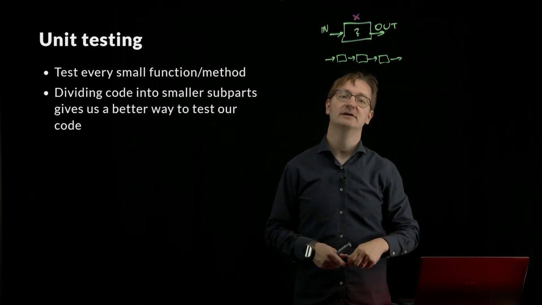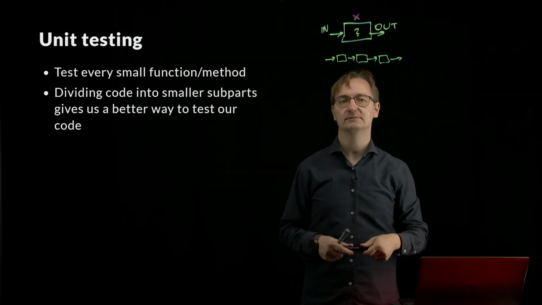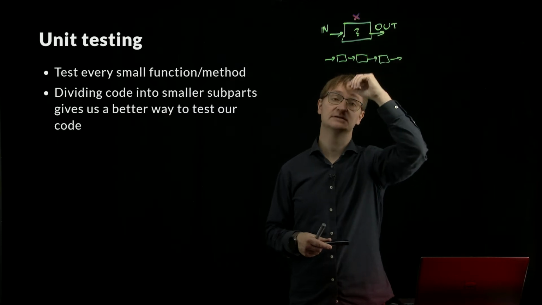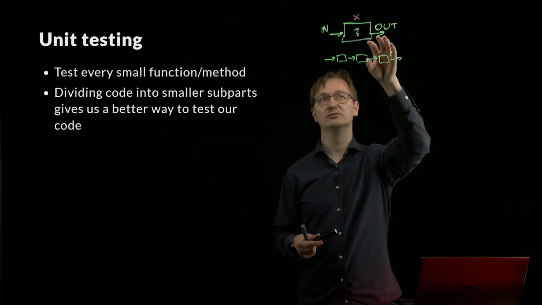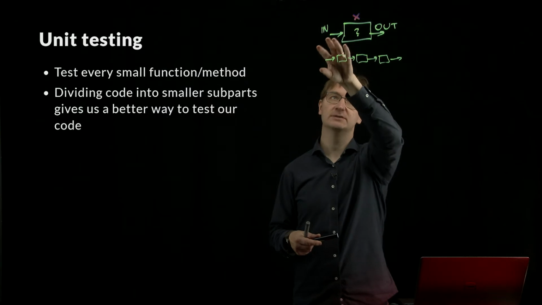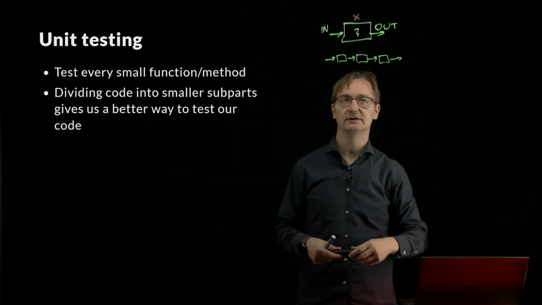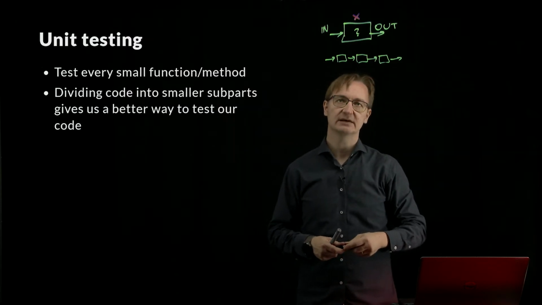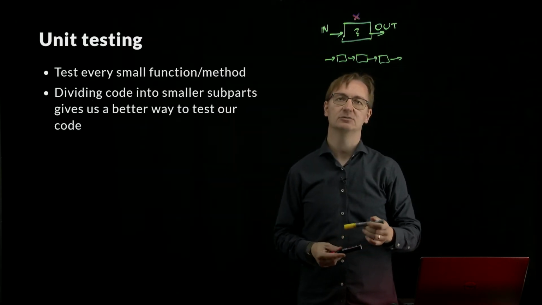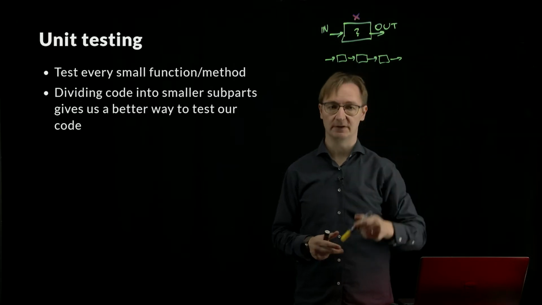I know that my code doesn't work. But now if I see that I have a problem, it's really hard to actually do something about it. I probably have to debug, see what was the input, what was the output, and see where exactly in my code this problem happened. So instead, we try to divide our function or program into smaller parts.